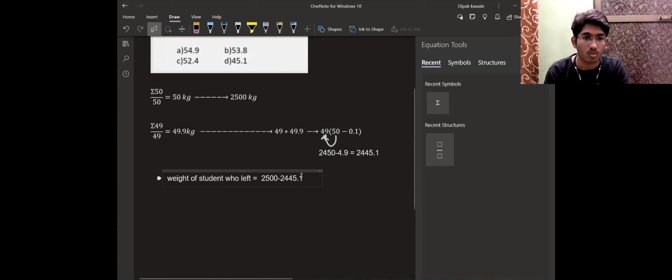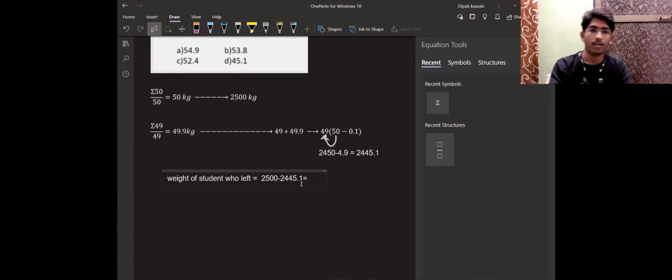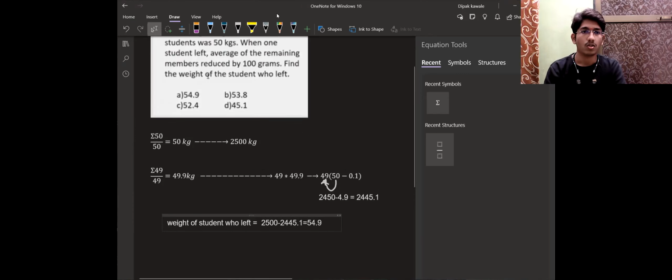Okay, so we have to take this 4.9 and then 50, remaining 50. If we add this 4.9, it will become 2450 and remaining is 50 more. So this 50 plus 4.9 is 54.9. So this is the answer.